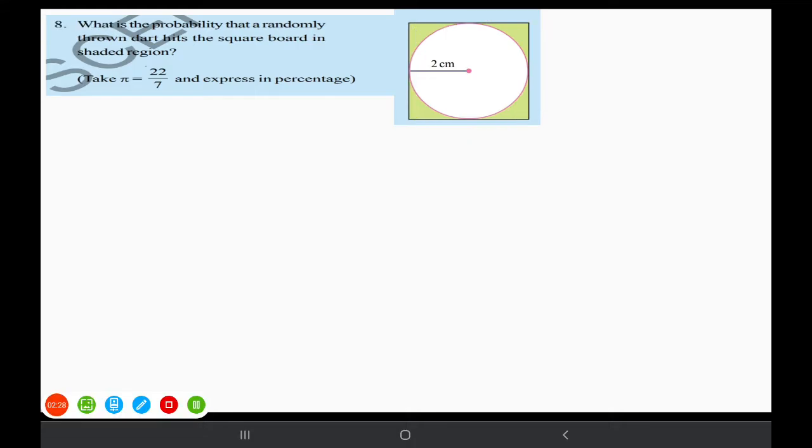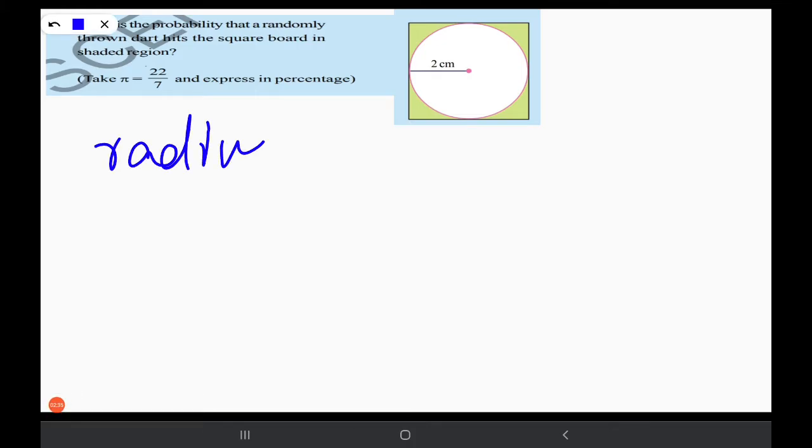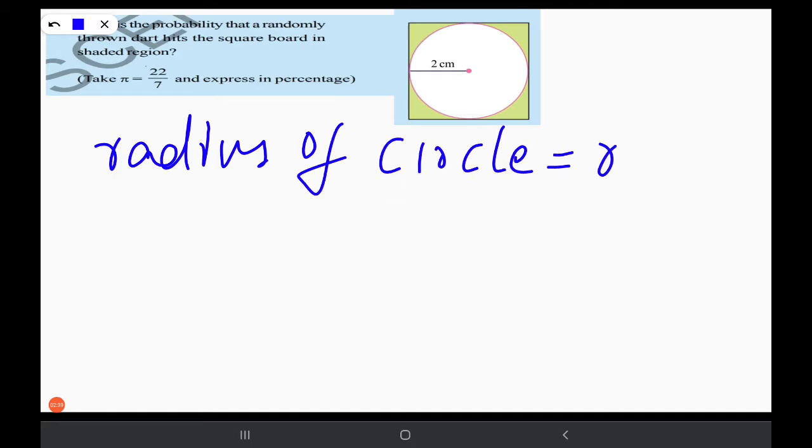See, radius is given, radius of circle r is equal to 2 centimeter. If we double the radius, the diameter of the circle is nothing but the side of the square. Agree?